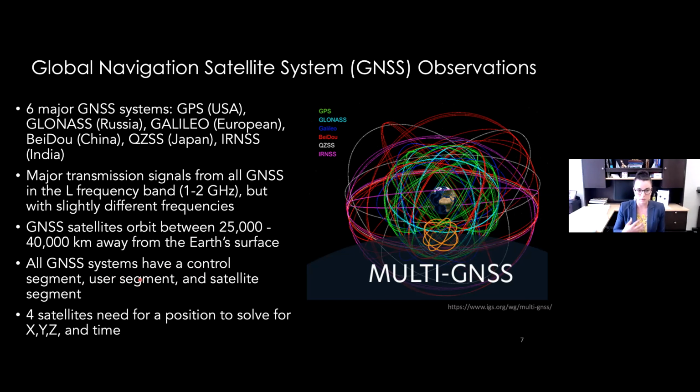They have a user segment, which is like us, scientists or civilians, and they all have their satellite segment. In order to get a position on Earth, you do need 4 satellites. Some people think you only need 3, but you need 4 in order to get the XYZ coordinates and also time, because you have to solve for the time differential from when the signal left the satellite to when it reached the Earth's surface.